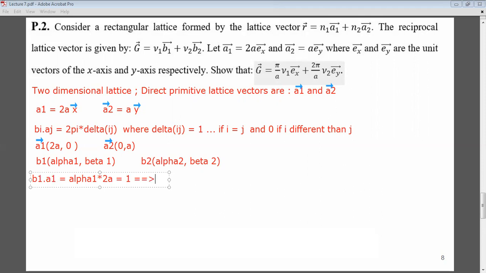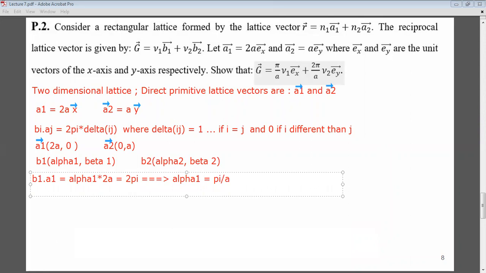So this is equal to pi times 1, which implies alpha 1 is equal to pi over 2A, and that's pi over A.